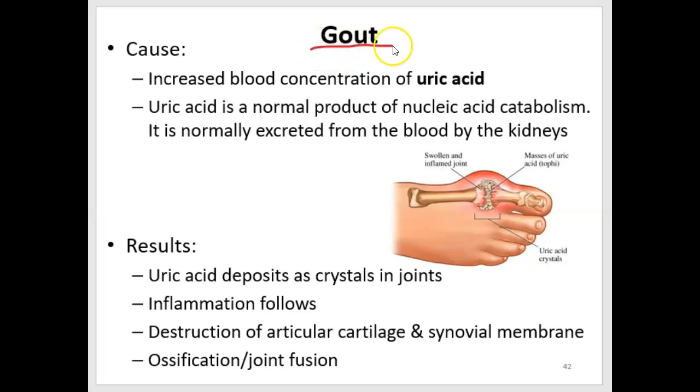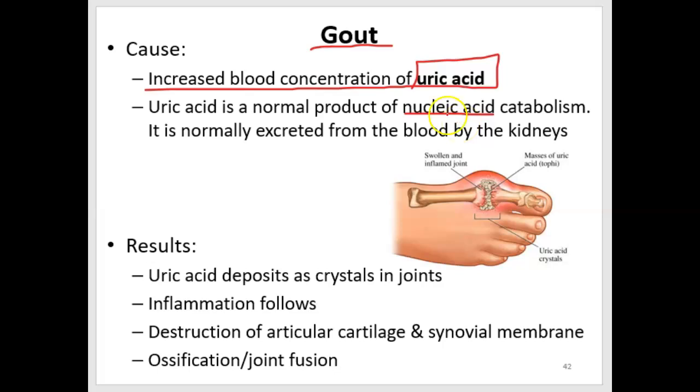Now, gout's kind of an interesting cause of arthritis. The reason it happens is because there's an increased blood concentration of something called uric acid. Now, normally the kidneys get rid of uric acid. It's a normal byproduct of breaking down things that we eat that have nucleic acids.